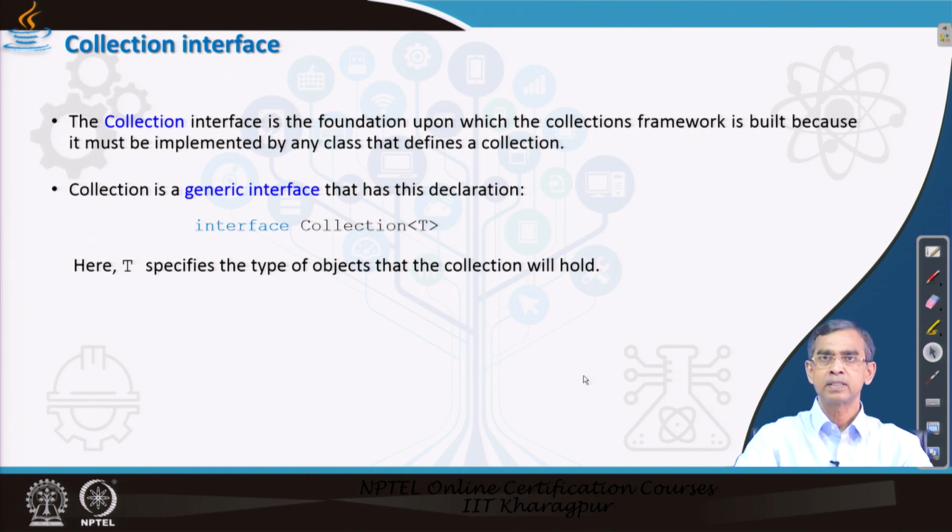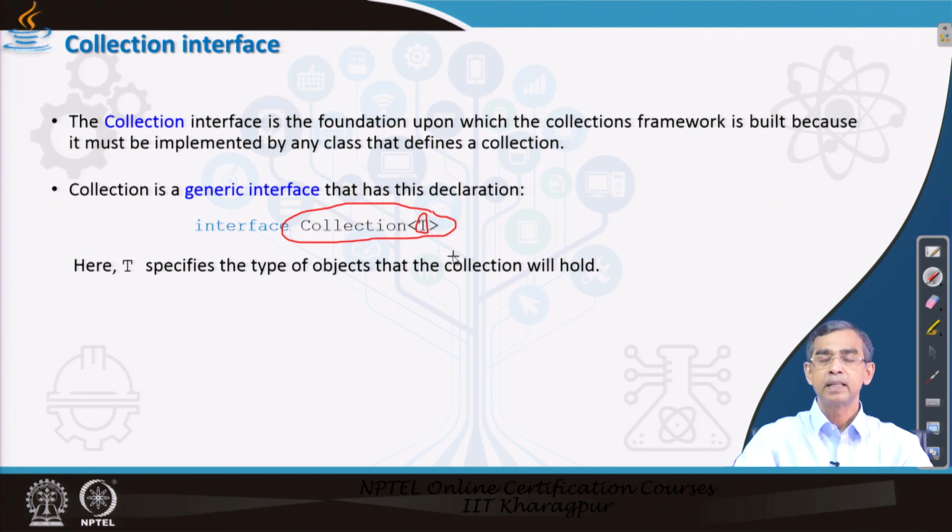Now, let us first consider the collection interface. Collection is the main or super interface, we can say, the top of all interfaces. It basically represents a collection of any type. That is why collection is generic, and T is basically any type.